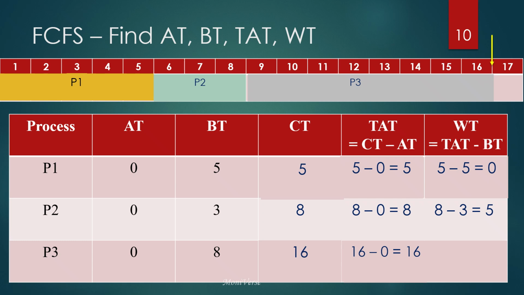At the 0th unit of time it entered the ready queue and it was executed up to 16, spending its time waiting in the ready queue and executing in the processor. So the total time inside the queue and the processor is 16 units of time.